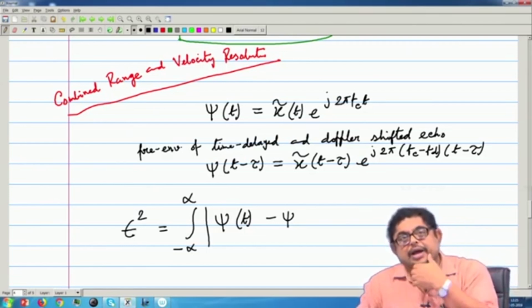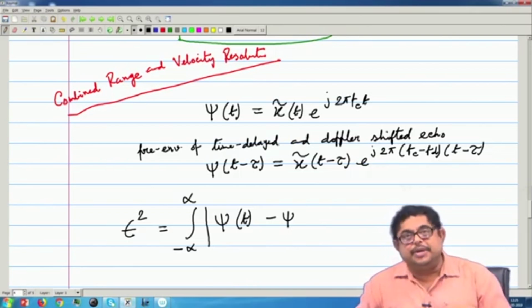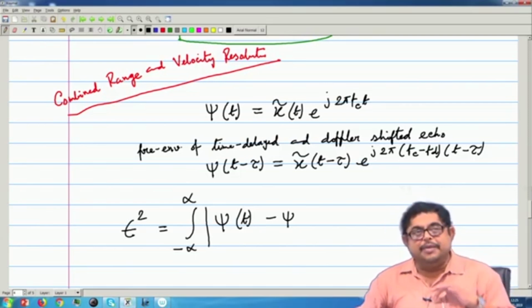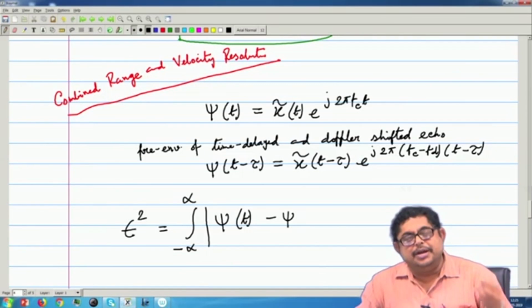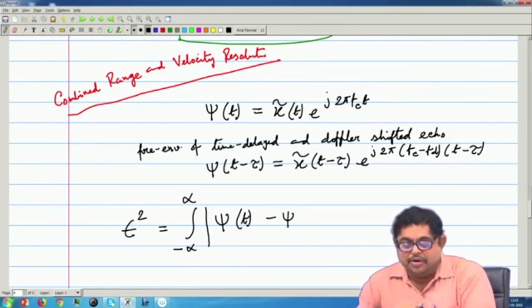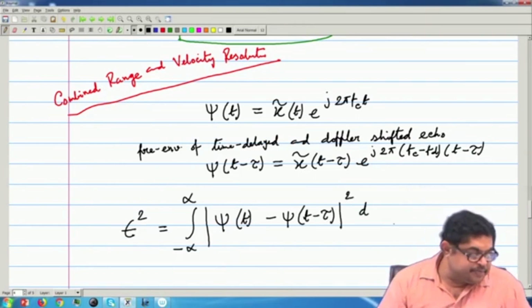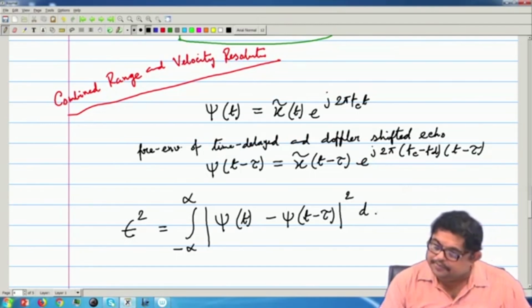In one case the first one range, or the first one time delay, has been taken as reference. In the frequency also the first Doppler shift has been taken as reference, and both of them, that means the time delay for the first one and the Doppler shift of the first one, have been without loss of generality assumed as 0. So, I am writing like this, and t minus tau square dt.